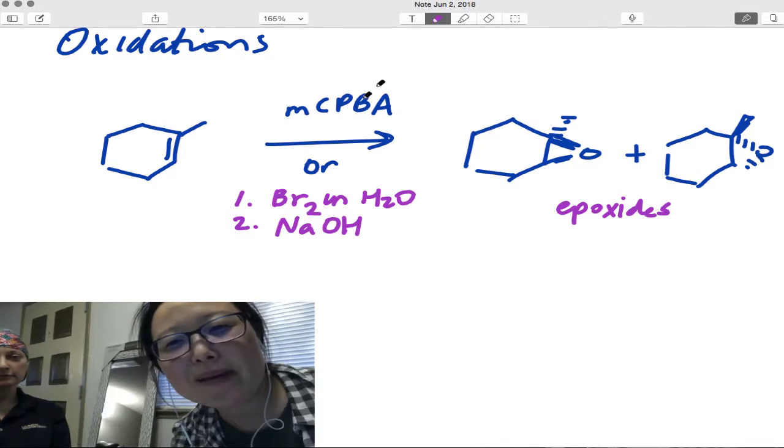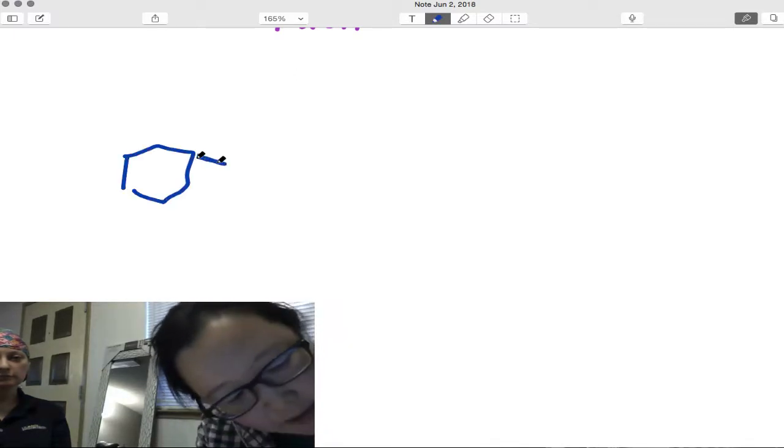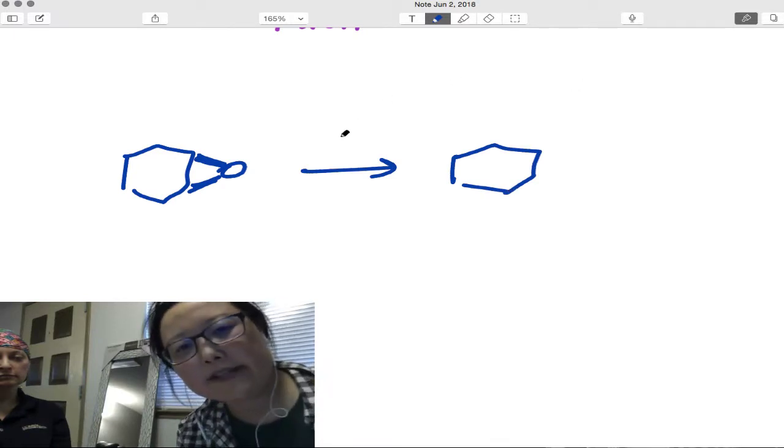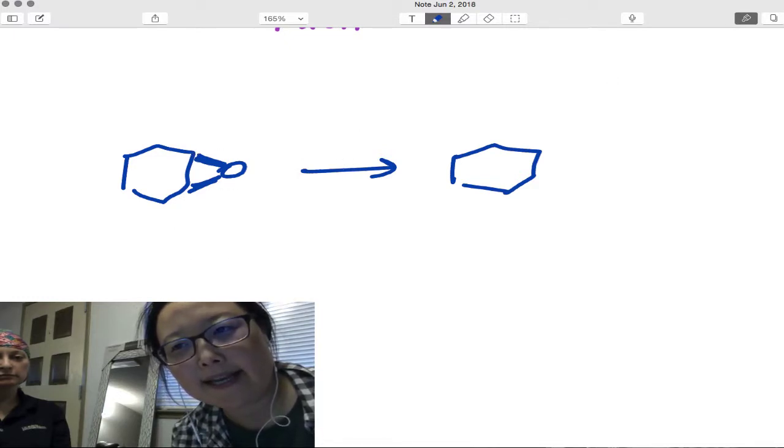All right, guys, so let's summarize that before we move on. Okay, so before we talked about how to make the epoxide. What we just talked about was how to open it up. So to open it up, we can use acid or base. And if we use acid or base, we have basically water or hydroxide coming in from the opposite side and attacking this epoxide. Now I'm going to just show it as a simple one.